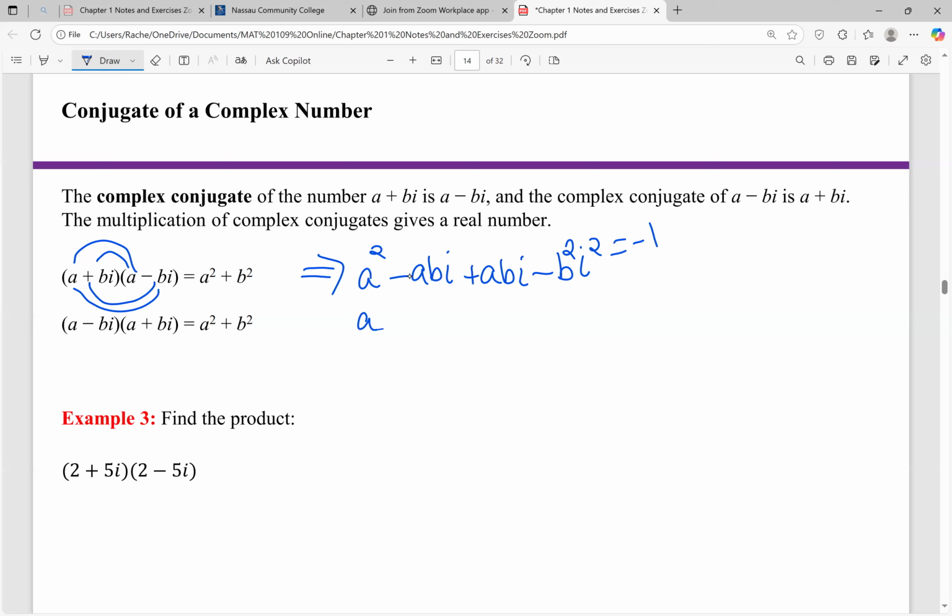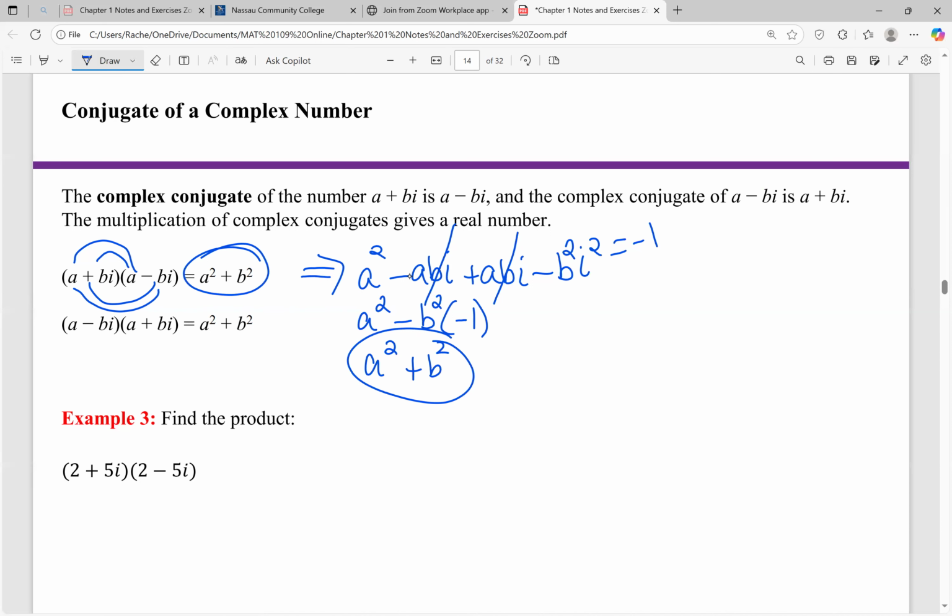So this is a squared. The negative abi and the positive a times b times i sum to 0. And then we're going to have minus b squared times negative 1. And a negative times a negative is a positive. So we end up with a squared plus b squared. And that's what we have right here. And there's no imaginary part, right?